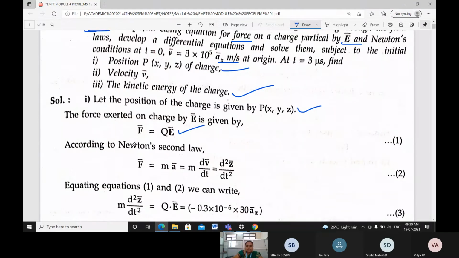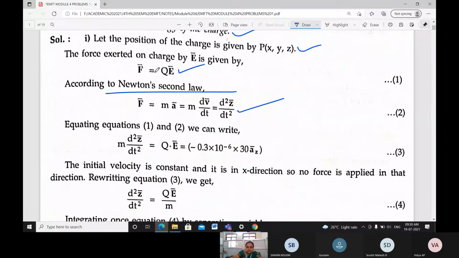Then, by using Newton's second law, F equals M into A, which is M dV by dt in terms of a differential equation. That is nothing but M d square z divided by dt square.